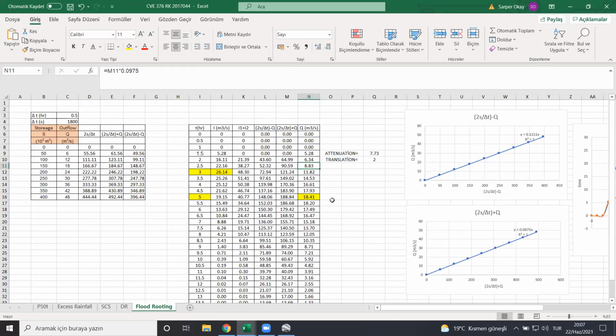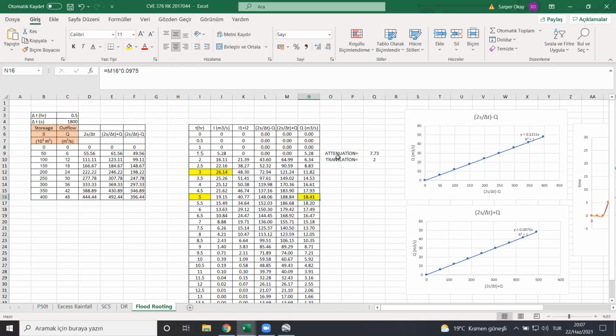Here, what you need to do is you need to find what is the maximum inflow value. It is 26.14. And what is the maximum outflow value? Which is 18.41.